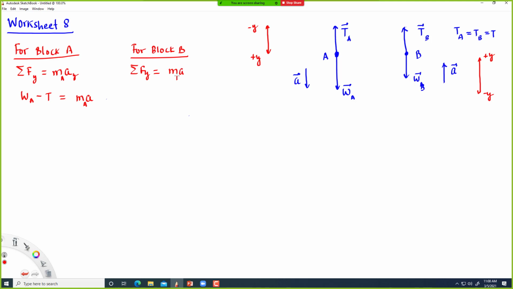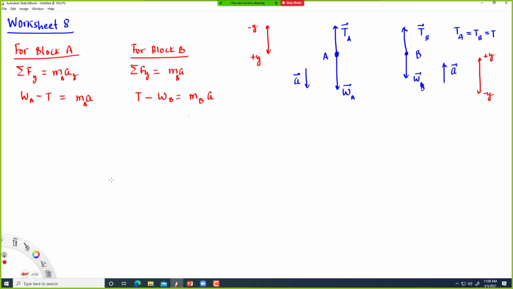So this is the mass of B. So for B we have T, tension in upward direction, which is positive, and weight is down. For B, down is negative, and that is equal to mB times acceleration.